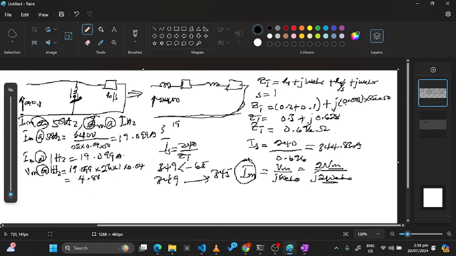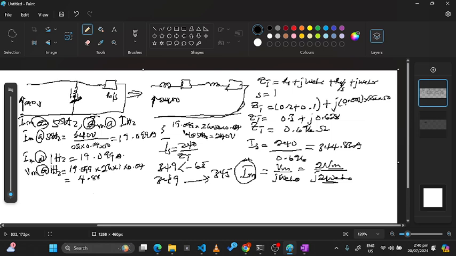Now let's look at something. 19.099 times 2 pi times 50 times 0.04. So this is VM at 50 hertz. That will give you 240 volts.